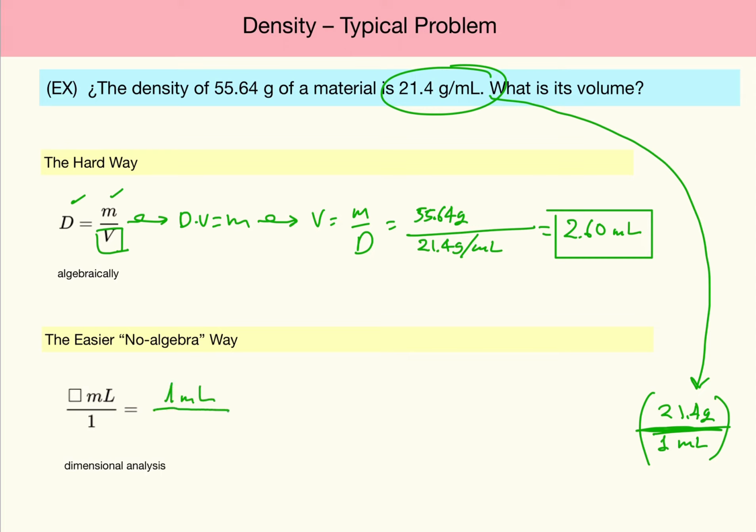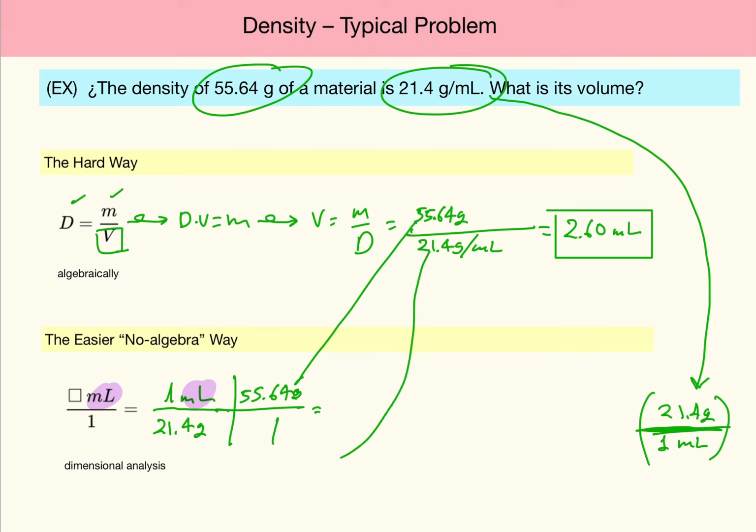In 1 milliliter, there's 21.4 grams. So the unit that I'm looking for has showed up. What remains to do is to get rid of the G that's in the bottom. And it just so happens I do have a value with a G, and it's 55.64 grams. It's a piece of given data. Notice I now have exactly the same numbers, 55.64 divided by 21.4.